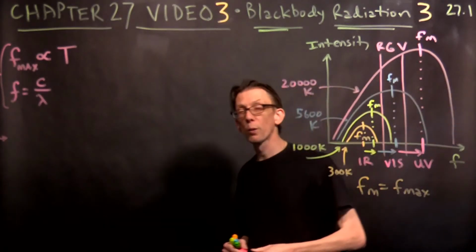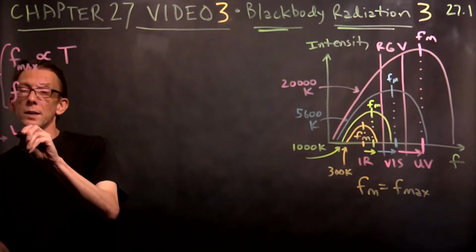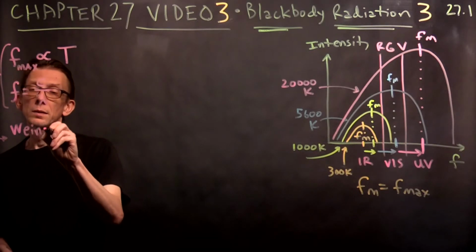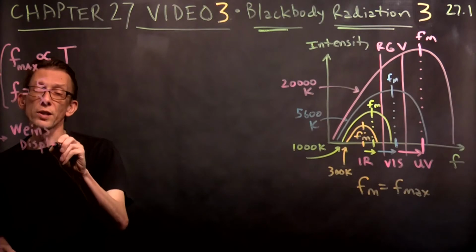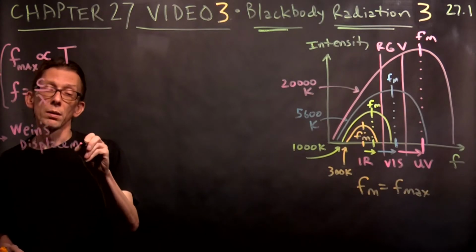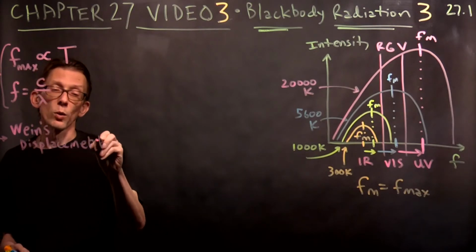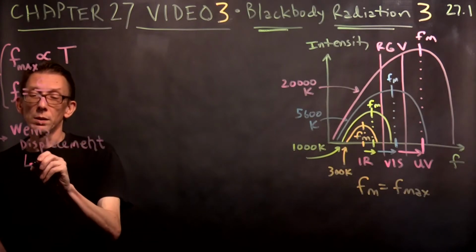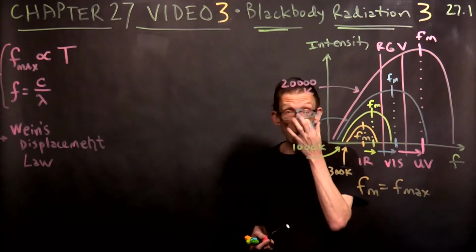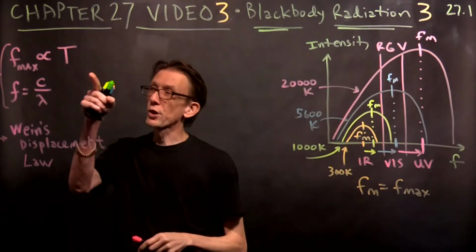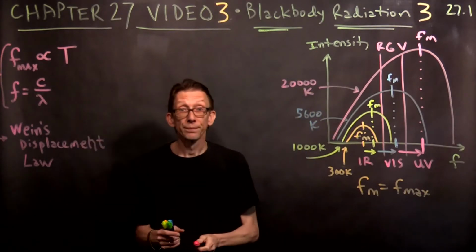Wien or Wien, however you want to say it. Why it's called this is not important; again, it's kind of a historical rabbit hole. Wien's Displacement Law relates temperature and wavelength.